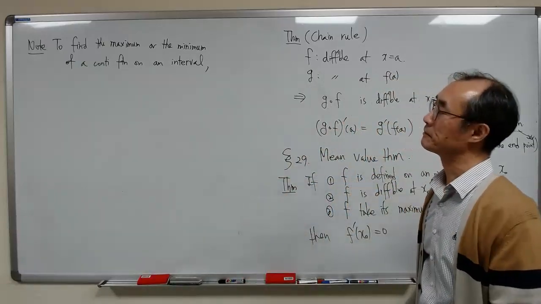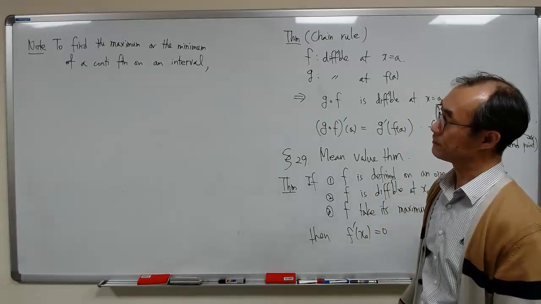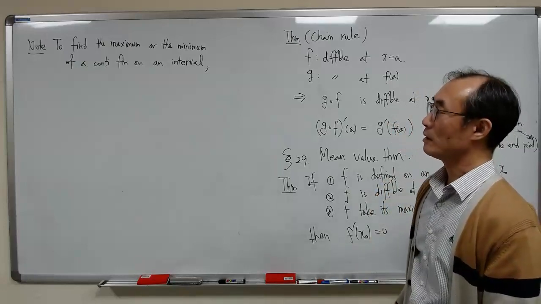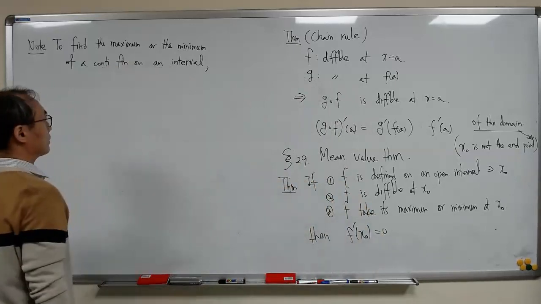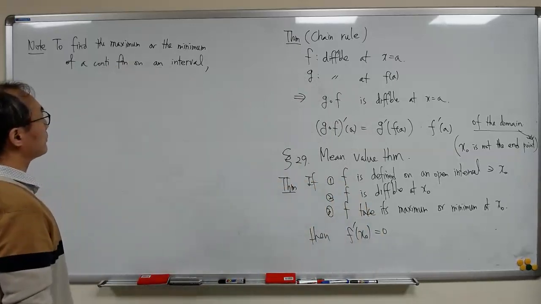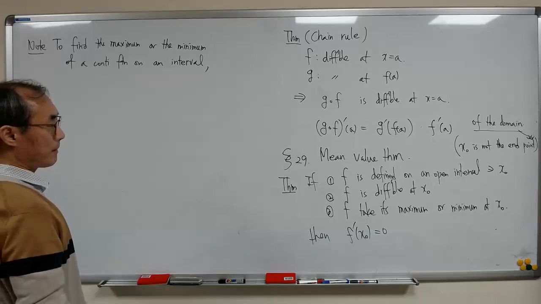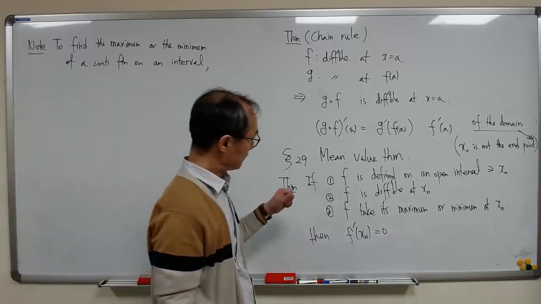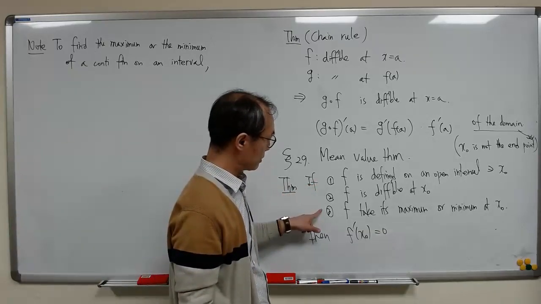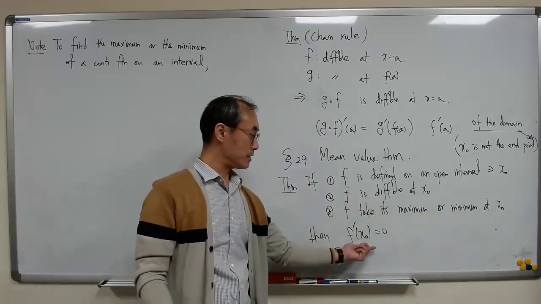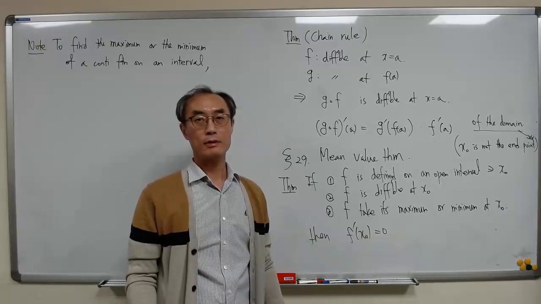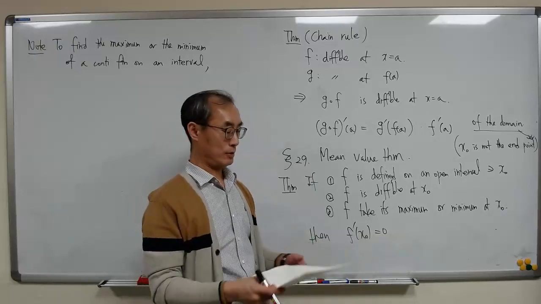So we are given a continuous function whose domain is an interval. To find the maximum or minimum, if we have these three conditions, the maximum and minimum point should have this property. The derivative at that point must be zero.